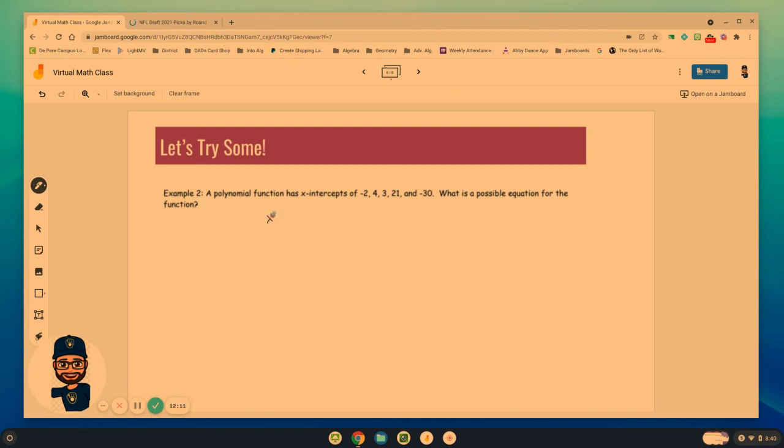So again, if it has intercepts, x could equal negative 2. X could equal 4. X could equal 3. X could equal 21. And x could equal negative 30. And we're trying to go backwards to show what were the factors to get that. So we could say y equals, if my answer is negative 2, that means I needed x plus 2 as a factor. If my answer is 4, that means I needed x minus 4 as a factor.